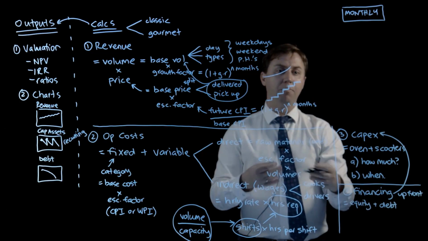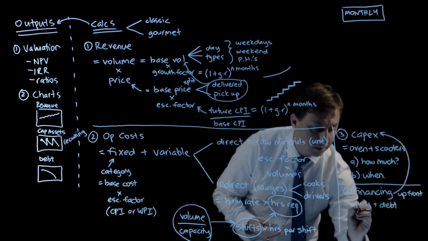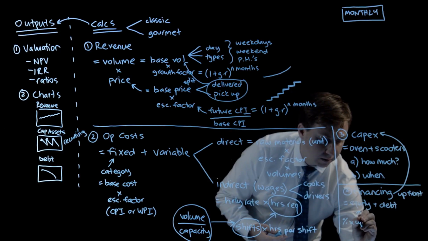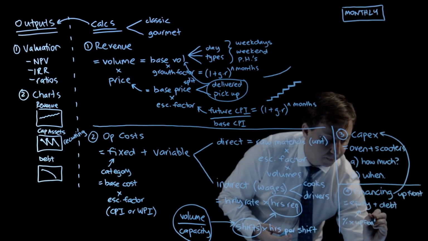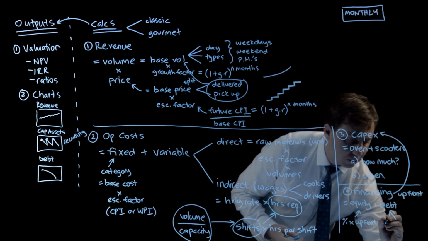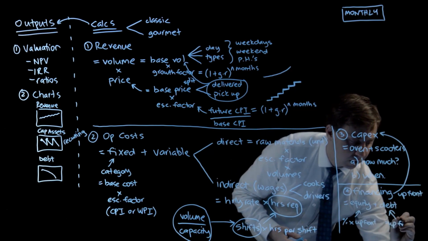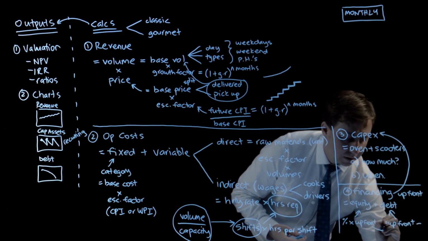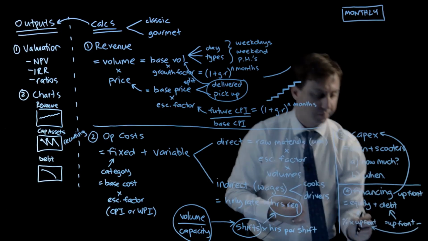Equity will be the money that investors pump into the business, and we'll work that out by simply taking a percentage of the upfront CapEx. And once we've worked that out, the debt will simply be equal to the upfront CapEx minus whatever we've worked out with the equity.